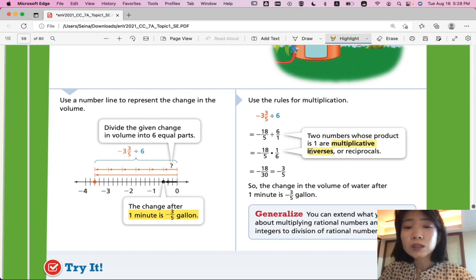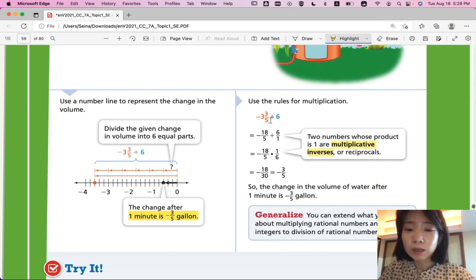To be more accurate, you can use the rules for multiplication. You can divide negative 3 3/5 by 6. You can change the mixed number into a fraction, and you can change the whole number into a fraction by putting 1 in the denominator. Negative 18/5 divided by 6/1 could be rewritten as a multiplication: negative 18/5 times 1/6, which is the reciprocal of 6/1, is equivalent to this division equation.